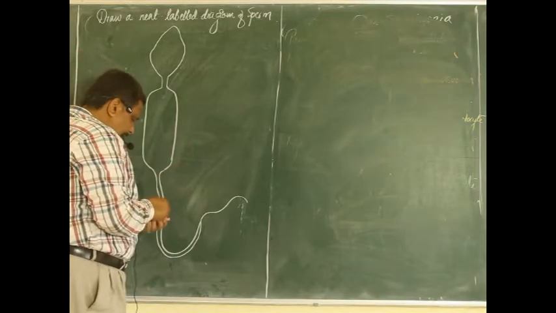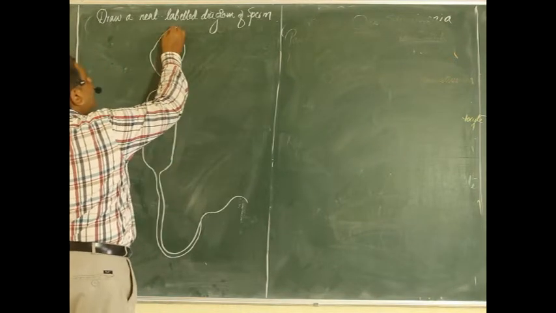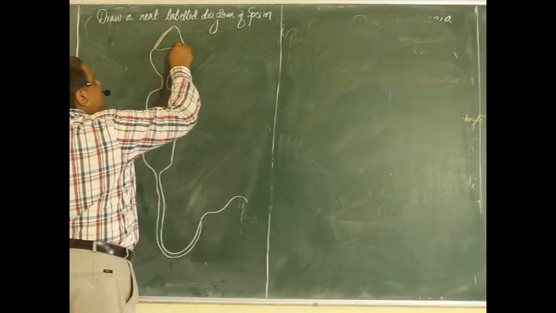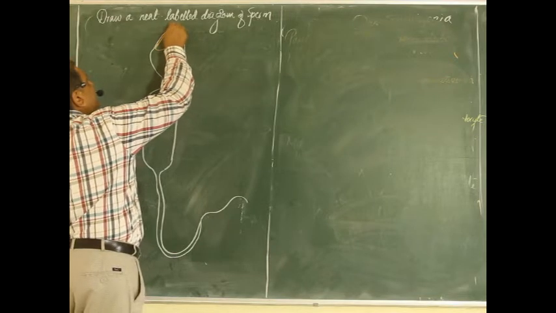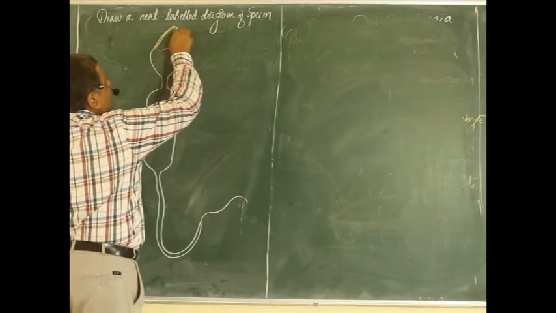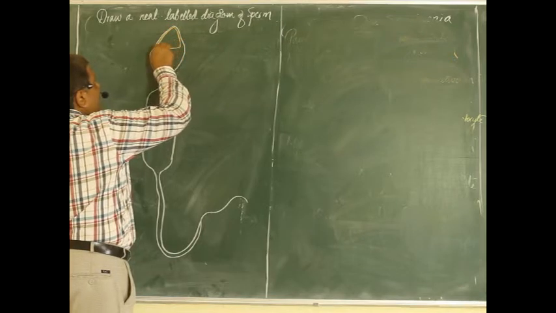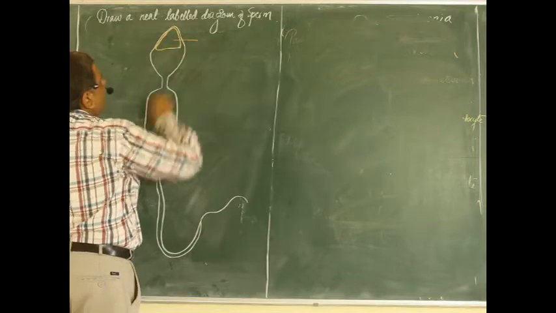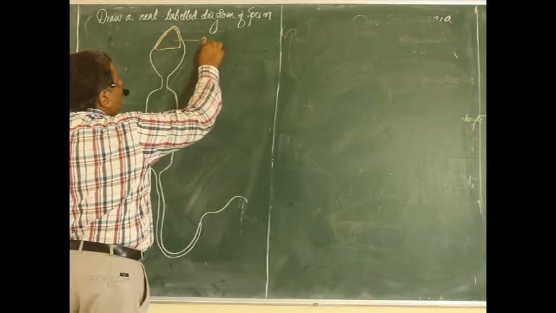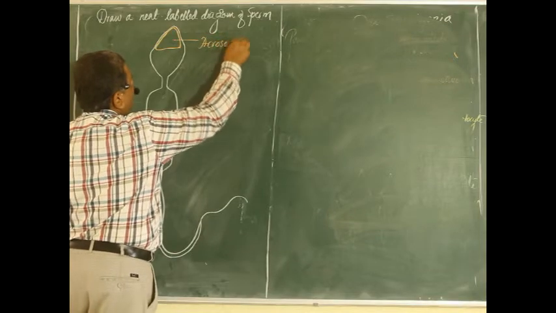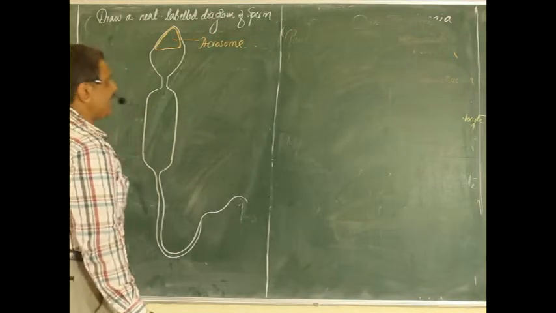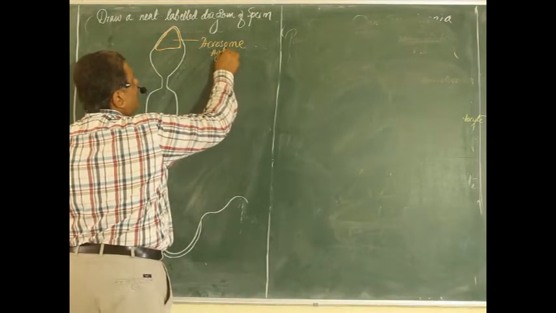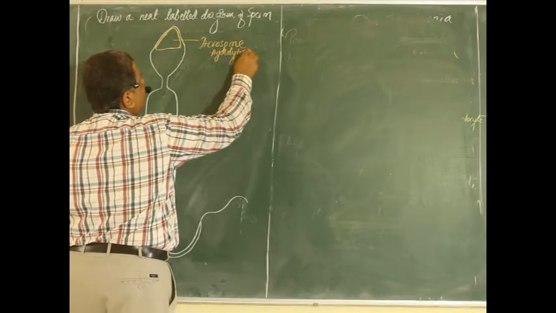In the head region, there is a specific part that we call acrosome, a lysosome-like modified structure produced from the Golgi body. Acrosome is with hydrolytic enzymes.